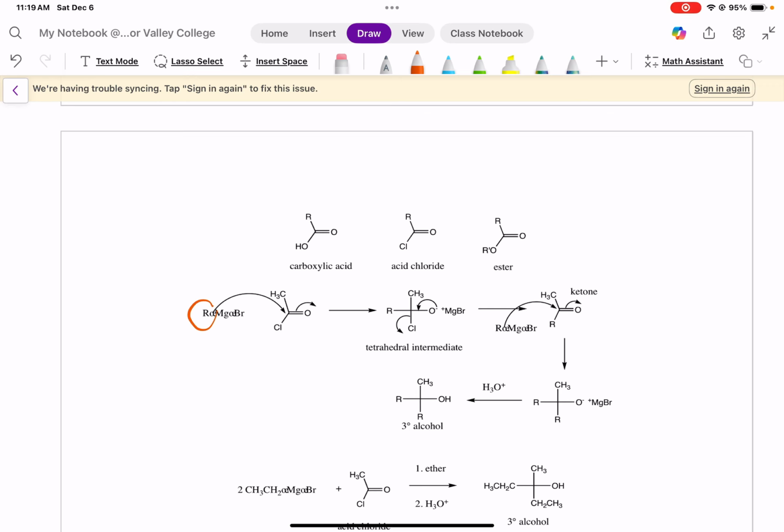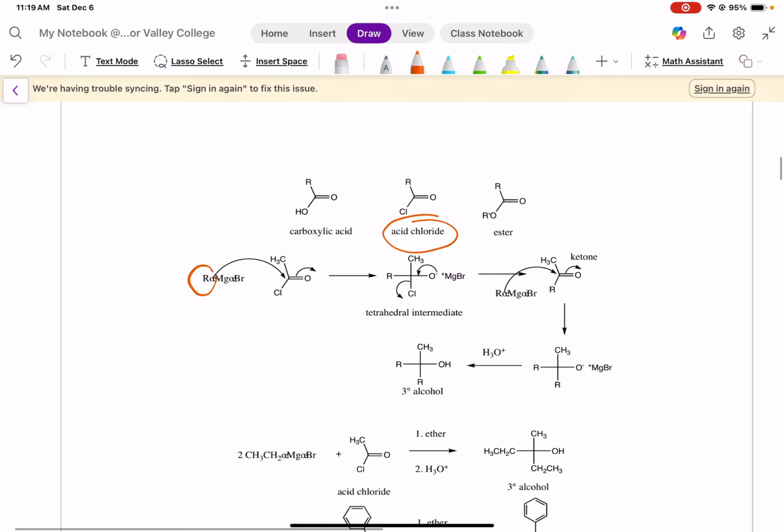Now we can also add to a stronger receiver, a carbonyl compound receiver, like acid chloride or ester. Acid chloride is very popular. When you do acid chloride, it's going to happen twice. The first time, the O minus, instead of getting protonated, can go back and reform the double bond, and chloride takes off, and then we've got a ketone.